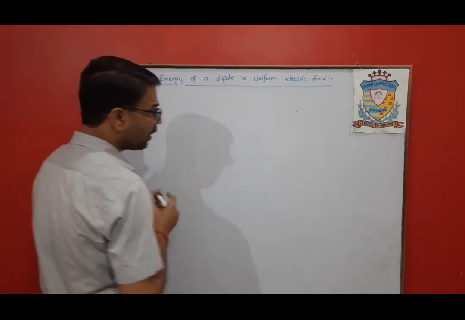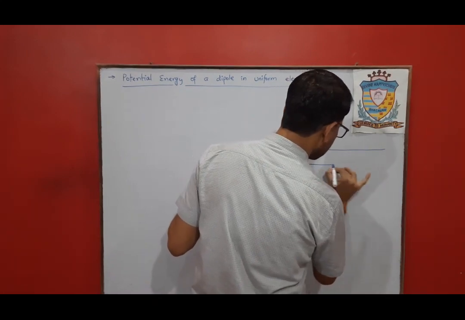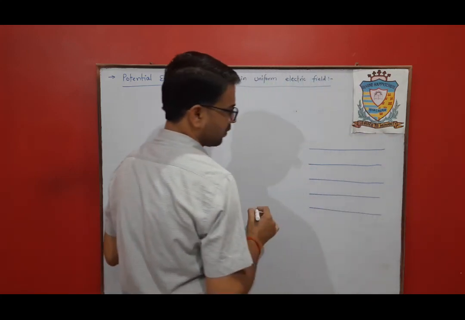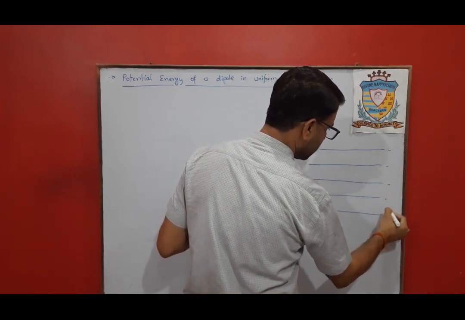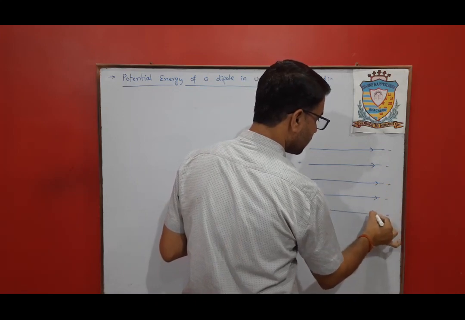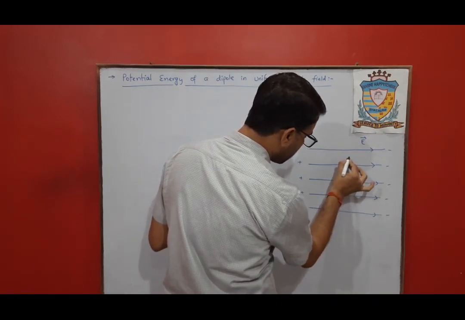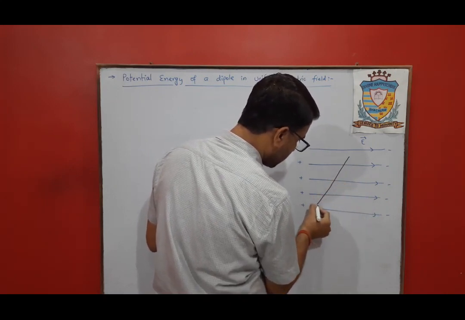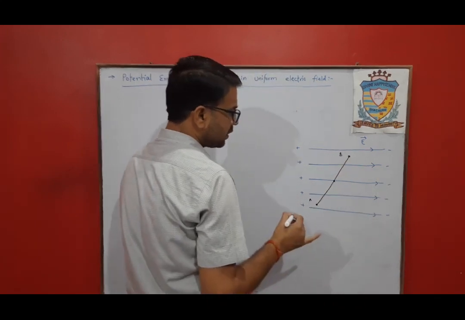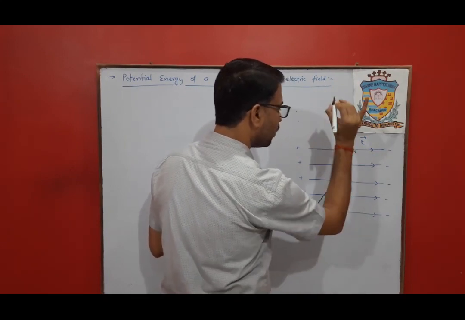Okay, so let's suppose we have a uniform electric field, okay, negative charges are here and this is uniform electric field E, and if any dipole AB is kept in this uniform electric field having negative Q charge and positive Q charge.